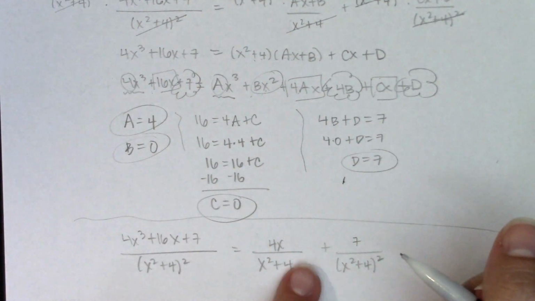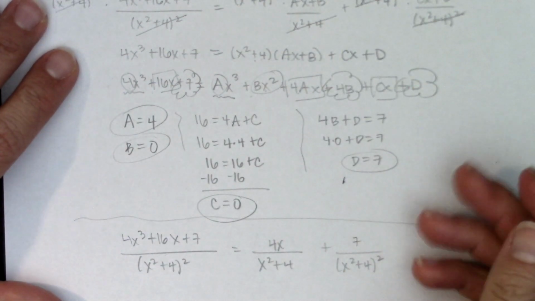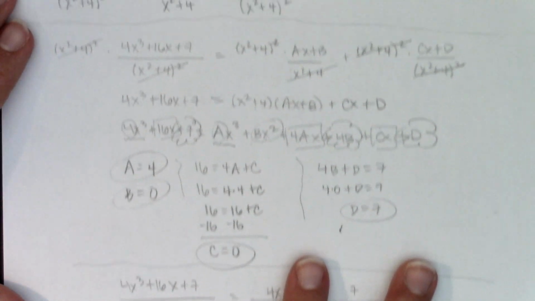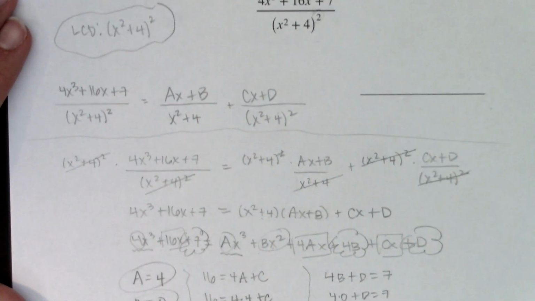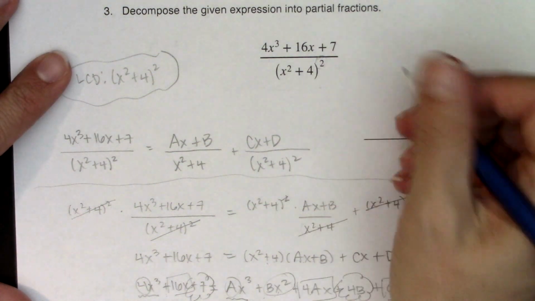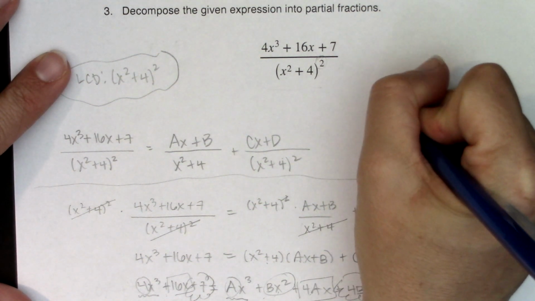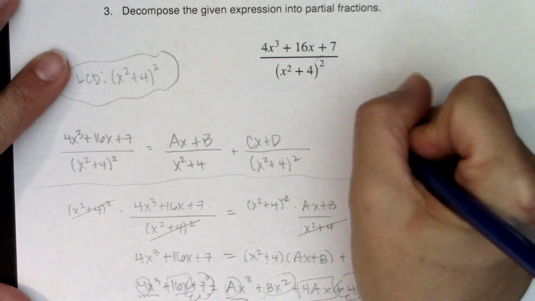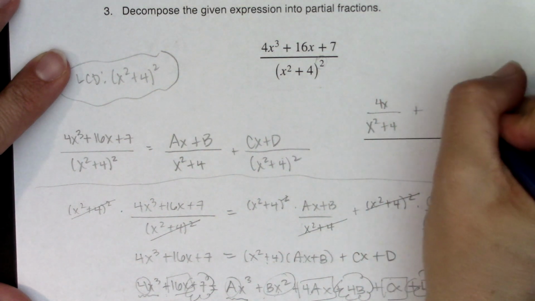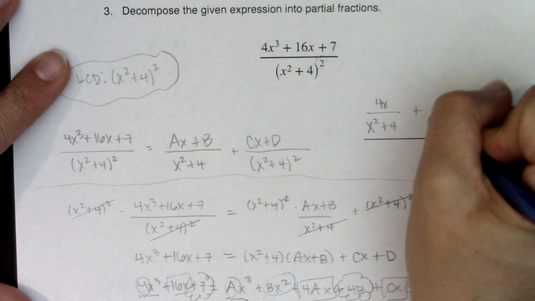So this is the answer I'm going to put on my answer key when I scooch this back down, right? So I've substituted my a, b, and c values. Let me move this back down and show you what I would be putting on that answer line. So I would say, hey, Miss Abreu, I went ahead and I decomposed this. This is 4x over x squared plus 4, and then 7 over x squared plus 4 squared.